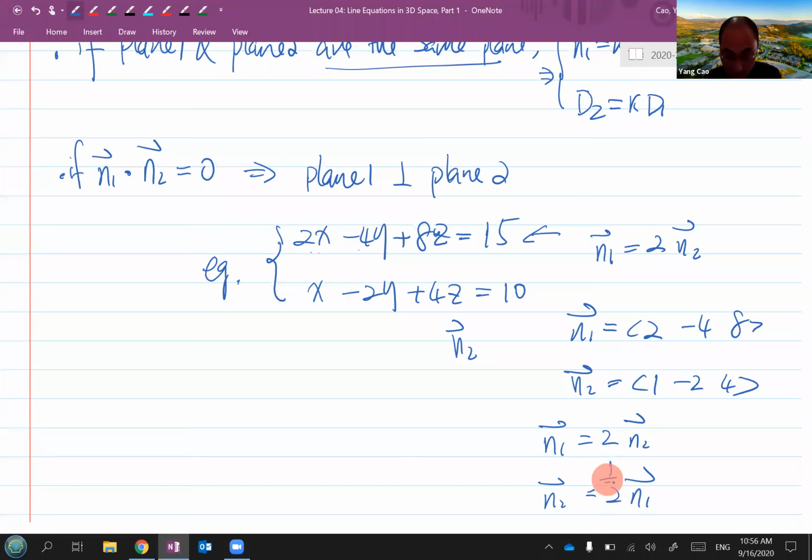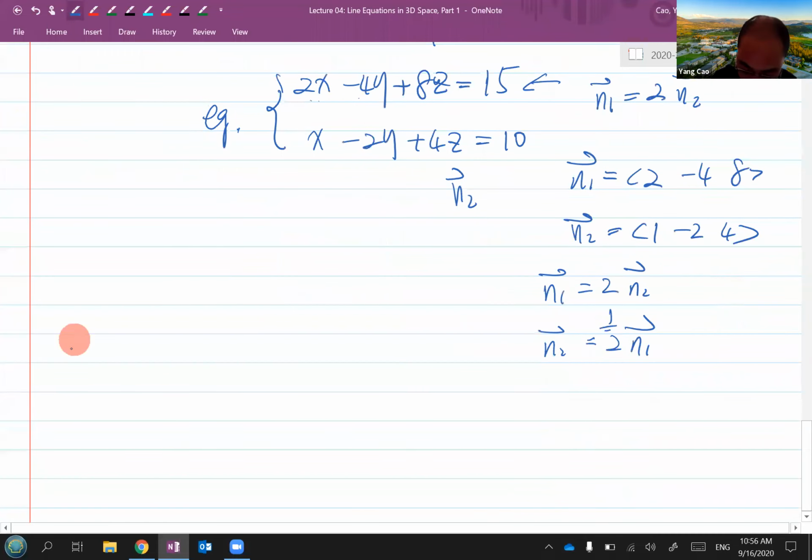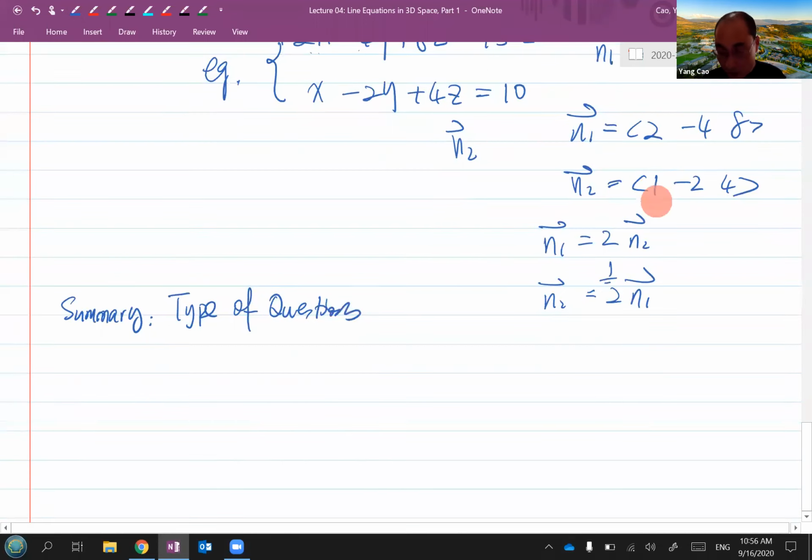Excellent. So let's move on here. I think you have gotten this concept already. I'm now going to do a very quick summary of the possible types of questions for planes in 3D space. There are many different possibilities.